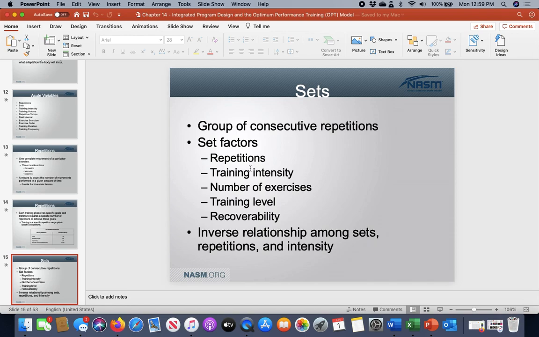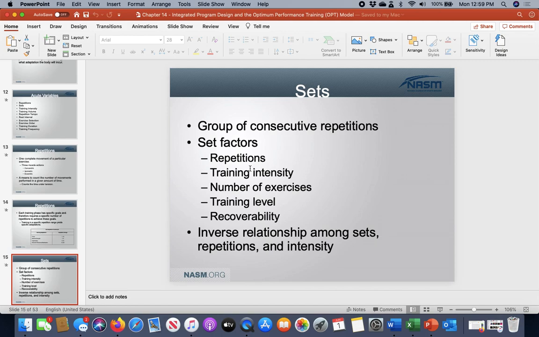For your set, you're talking about your training intensity, how many exercises you're going to be doing. What training level are you at? What phase? Phase 1, 2, 3, 4, or 5 of the OPT model. And then recoverability or rest time. And there really is an inverse relationship to the amount of sets, reps, and intensity. It's going to be very difficult for you to do high numbers of sets with high numbers of reps with high levels of intensity.